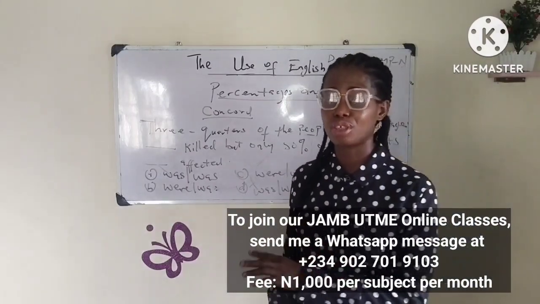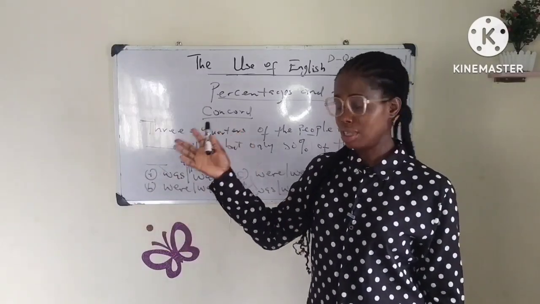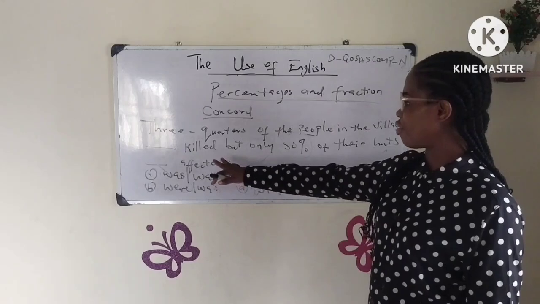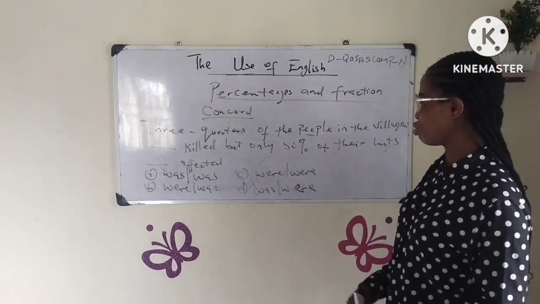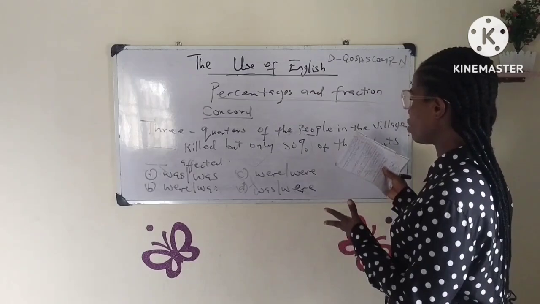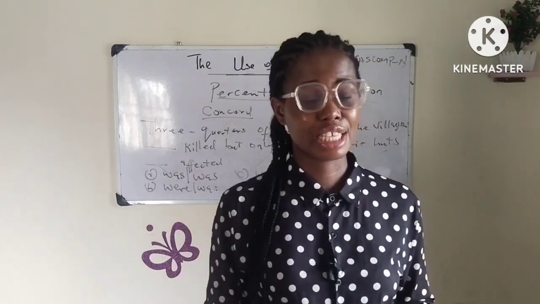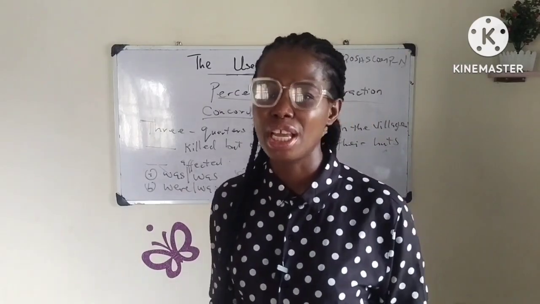This example has two gaps, the first gap and the second gap, and your attention should be on the noun that comes immediately after the percentage or fraction. If it's plural, the verb should be plural. If it's singular, the verb should be singular.